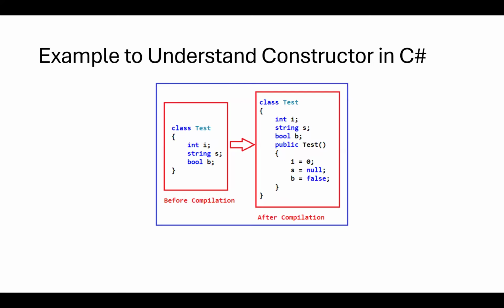You cannot write it, but you can call it. In case you want to define something in a constructor, you must create your own constructor, and in that case it will be called an explicit constructor. So we have at least two types of constructor, implicit and explicit.